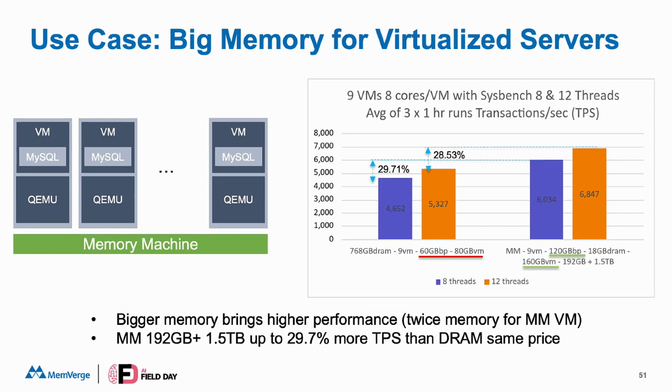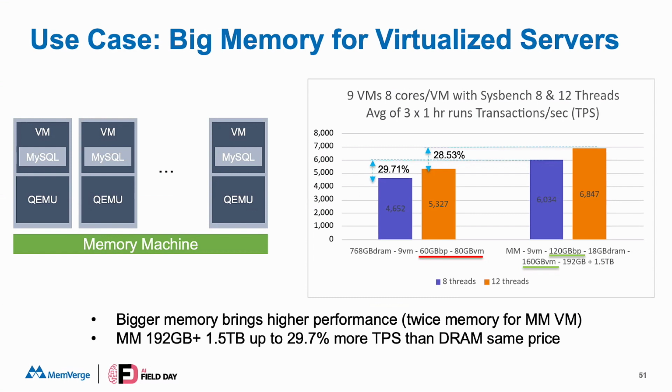Note that these two configurations have exactly the same hardware cost: the same CPU but a different memory configuration at the same cost, because we can have a larger PMEM capacity since PMEM is cheaper than DRAM.